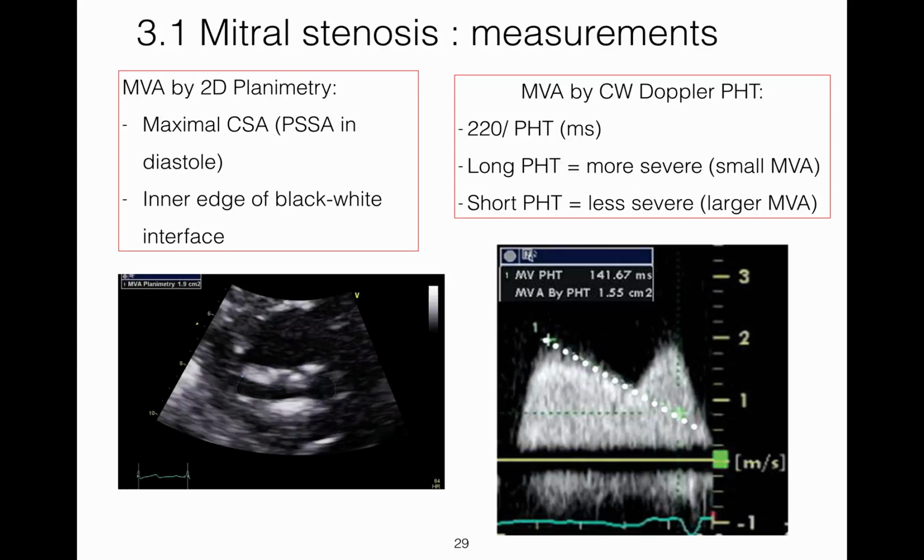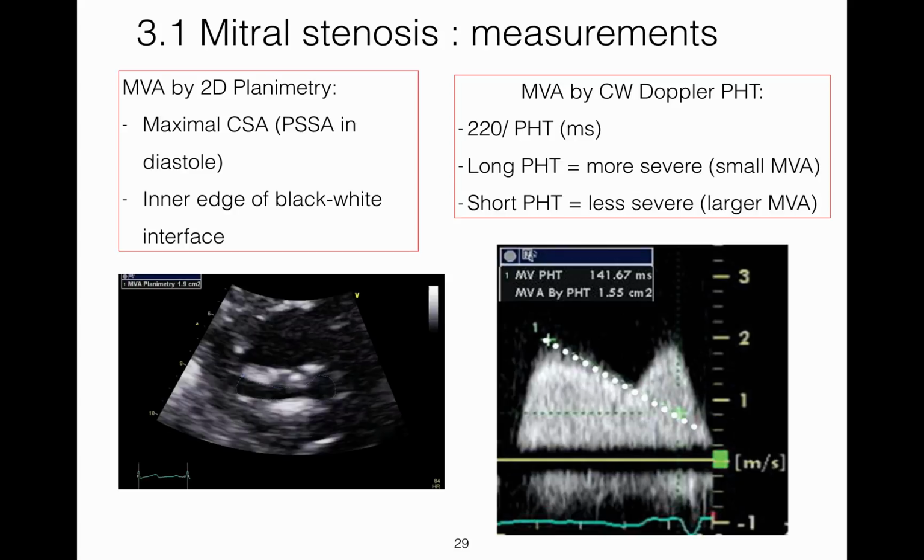2D planimetry involves identifying the maximal cross-sectional area of the leaflet tips from the parasternal short axis view in early diastole. To do so, it is necessary to pan up and down through the valve to identify the leaflet tips.